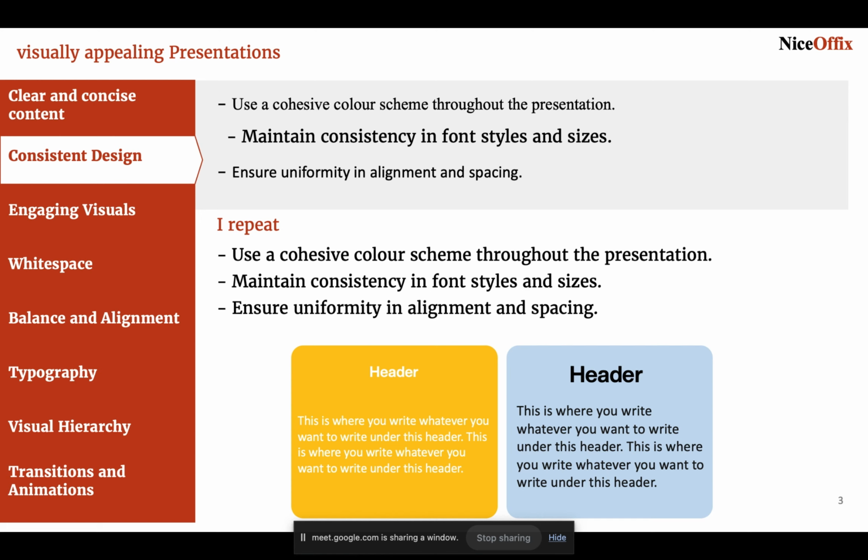So here I've done something. If you've noticed, for the first part of it, we have used a cohesive color scheme throughout the presentation, maintained consistency in font styles and sizes, and ensured uniformity in alignment and spacing.